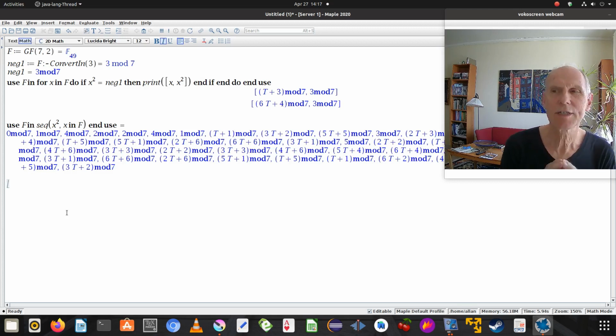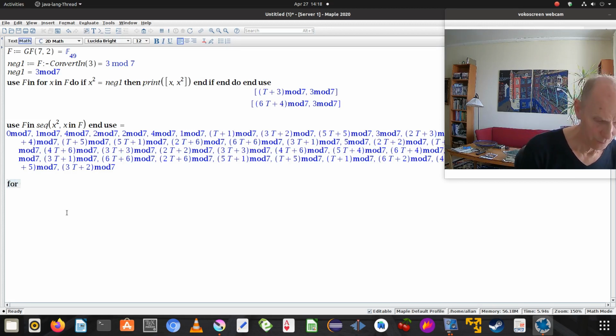So we need to test for each element in f whether or not f of x is a square. Let's make a sequence.